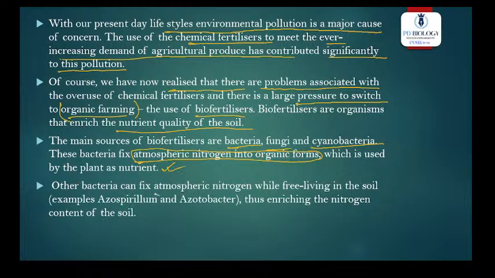Other bacteria can fix atmospheric nitrogen while free living in the soil, that is Azospirillum and Azotobacter. Remember this one. These are free living nitrogen fixing bacteria, thus enriching the nitrogen content of the soil.